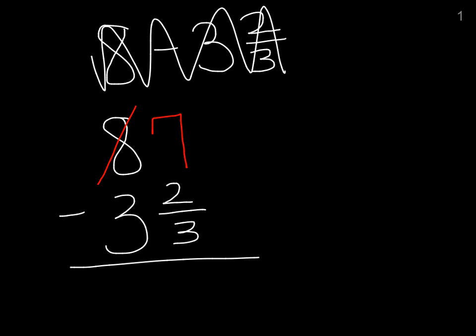But I have to choose what I want to use. Mason, what would you use? 3. Why would you use 3 over 3? Because there's the denominator on the fraction, 3. Oh, y'all look right here. He's exactly right. Y'all see this 3 right here?